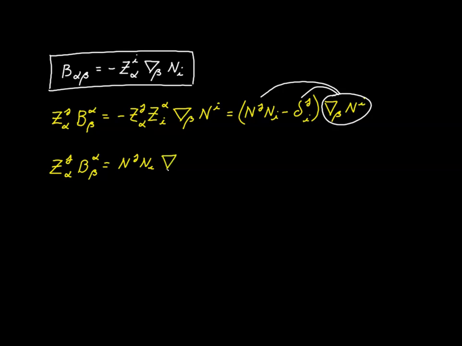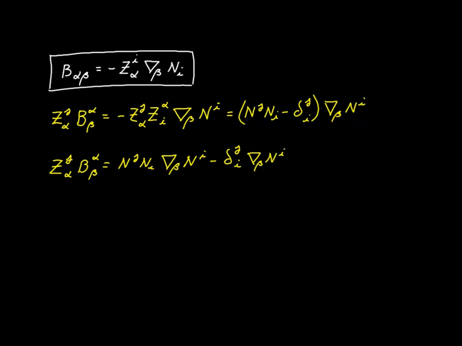So it's the derivative with respect to beta of our normal in I. And then that's going to be minus delta Ji times the same term. All right.